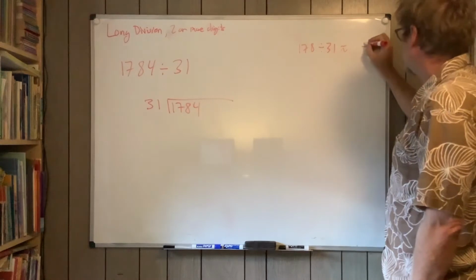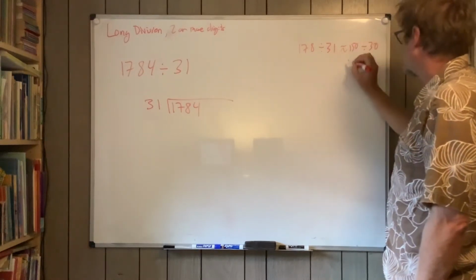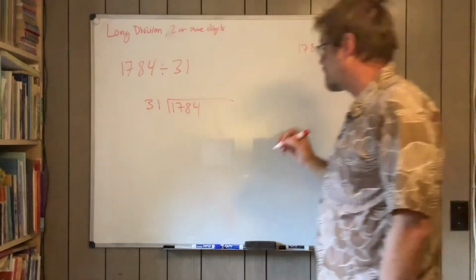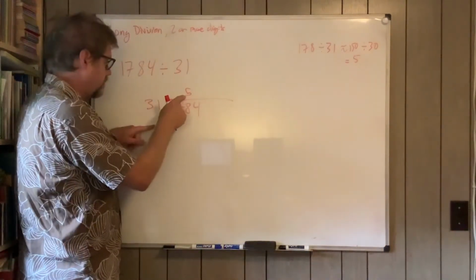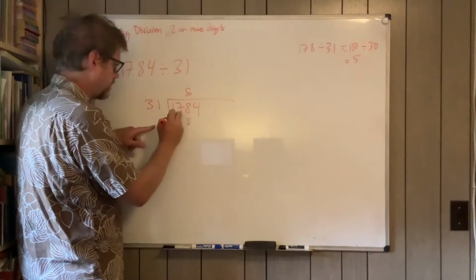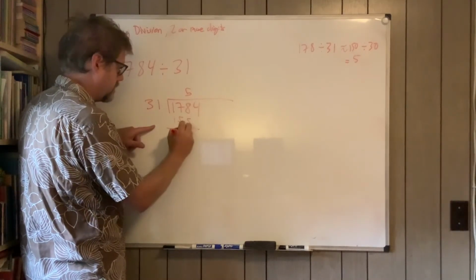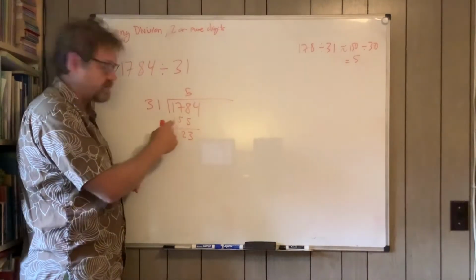So I'm going to do that divided by 30. That's going to go to 150. It's going to be 5. So let's try 5. And I can do 5 times 1 is 5. 5 times 3 is 15. Subtract 3, 2.